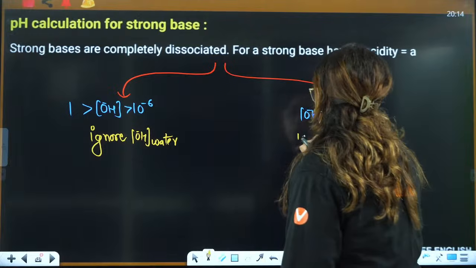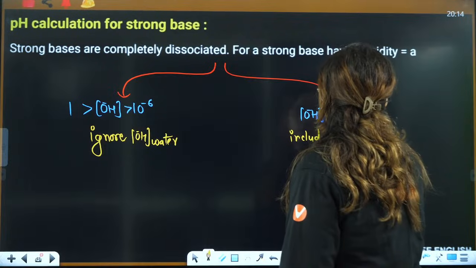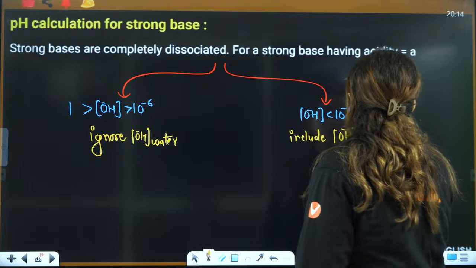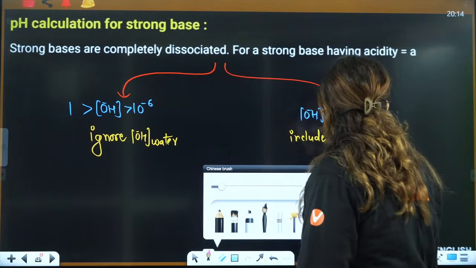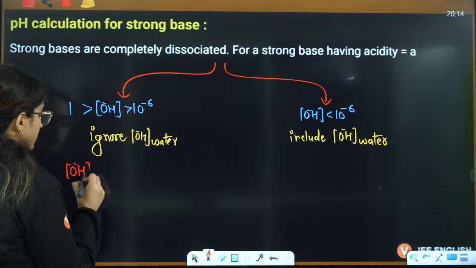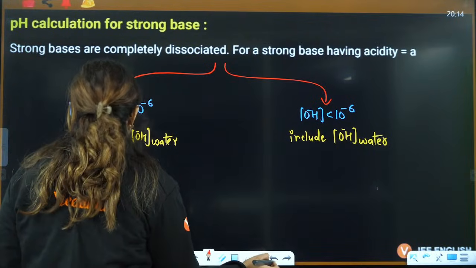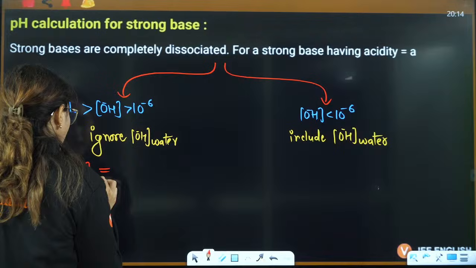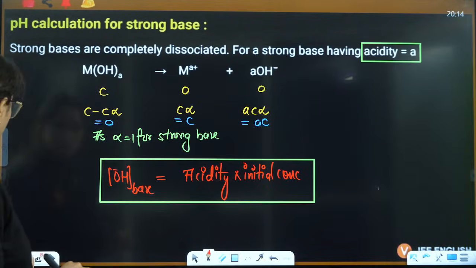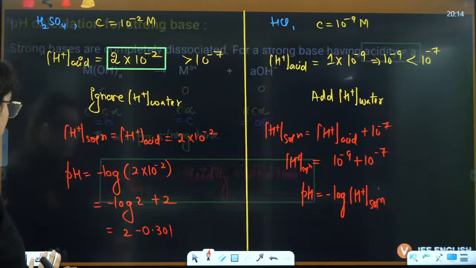So, ignore OH negative from water. Here you have to include OH negative from water. So what we are doing here, we are simply writing OH negative of solution. I'm always writing solution here, and you will see I'll write solution throughout. I will never write acid or base, because here also I have told you the pH value is minus log of H positive of solution, right?